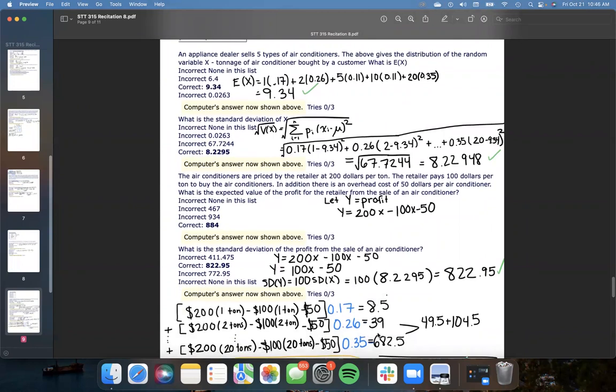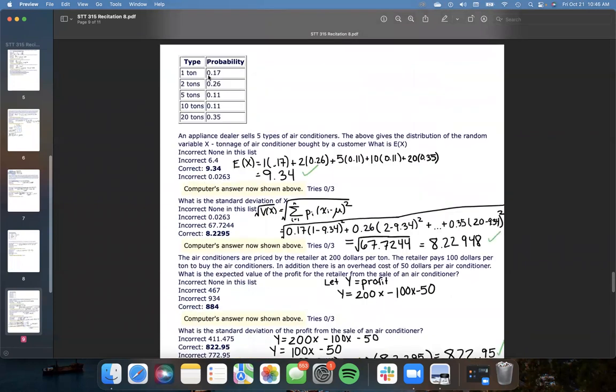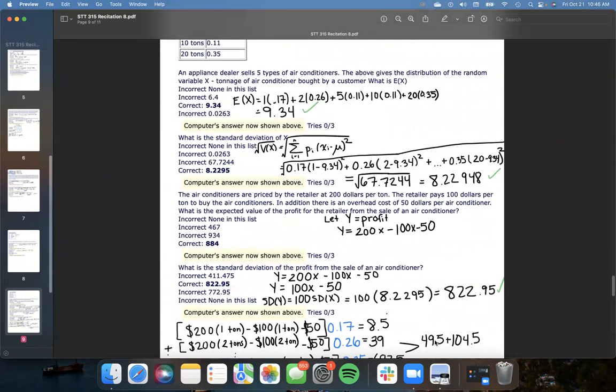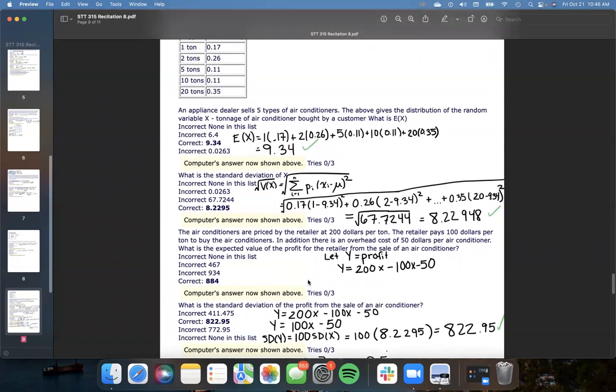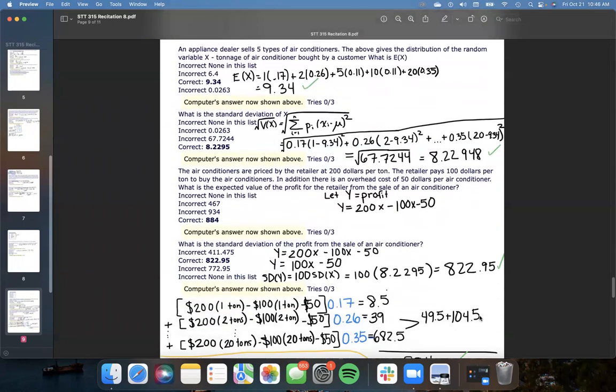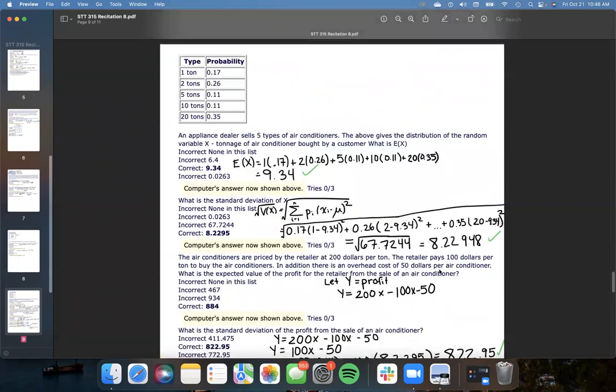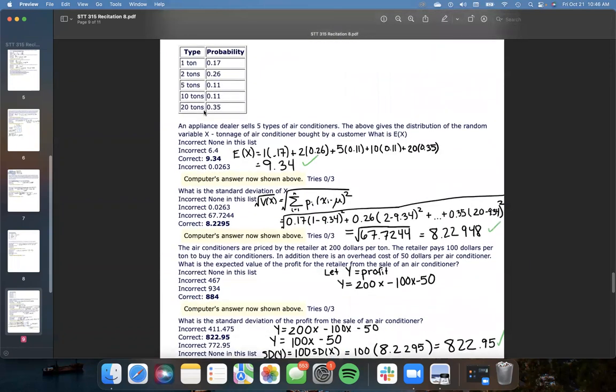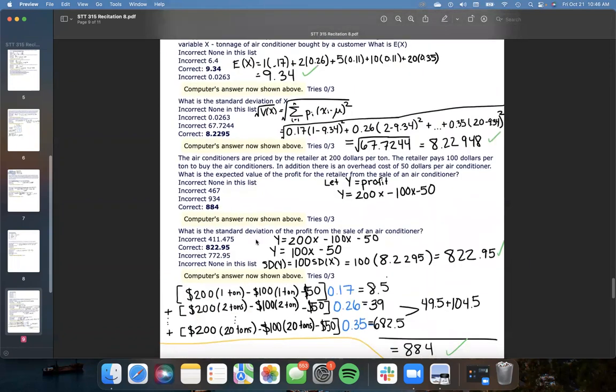So then you're going to keep going down the column, and then you'll get 49.5 when you're in the 5-ton situation, and when you have 10 tons, you'll get 104.5, and then at last, when you have 20 tons and the probability of 0.35, when you plug that into here, you get 68.25.